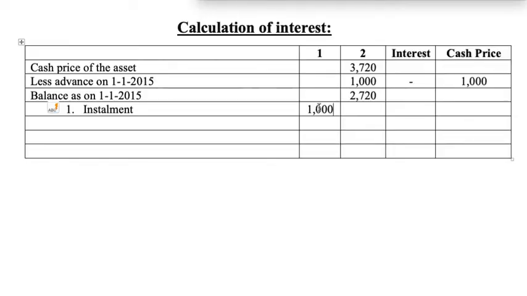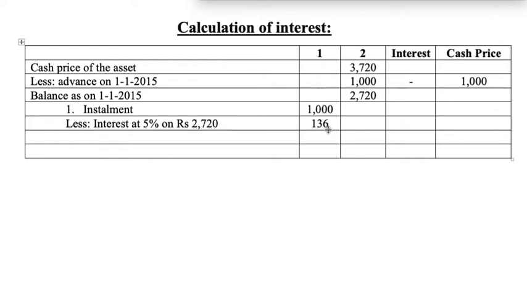Along with that he has to pay interest on 2,720 rupees, and that interest is included in this installment. So we have to calculate 5% of 2,720, and hence he is paying 136 rupees as interest on 2,720.